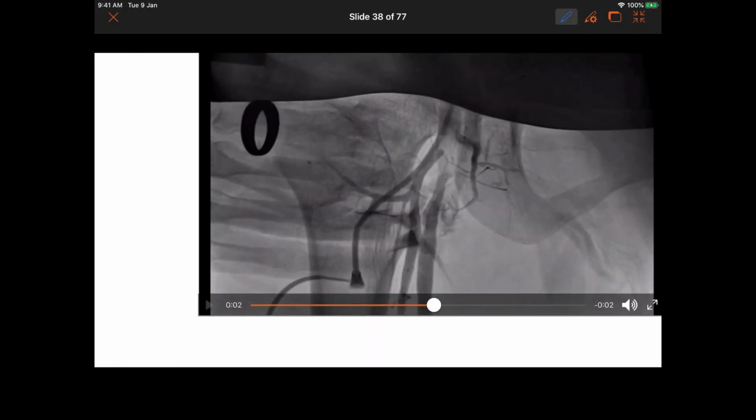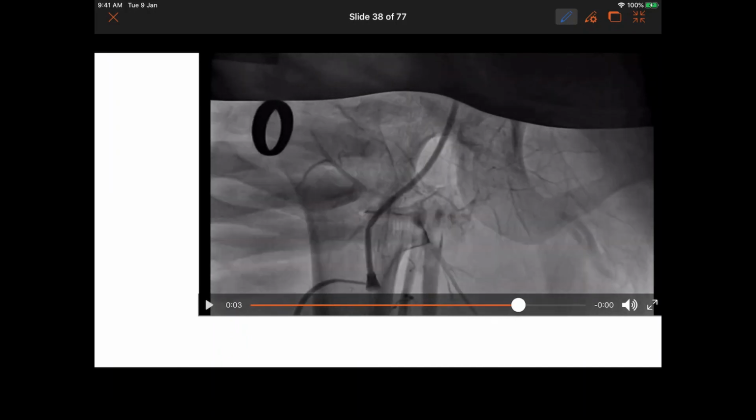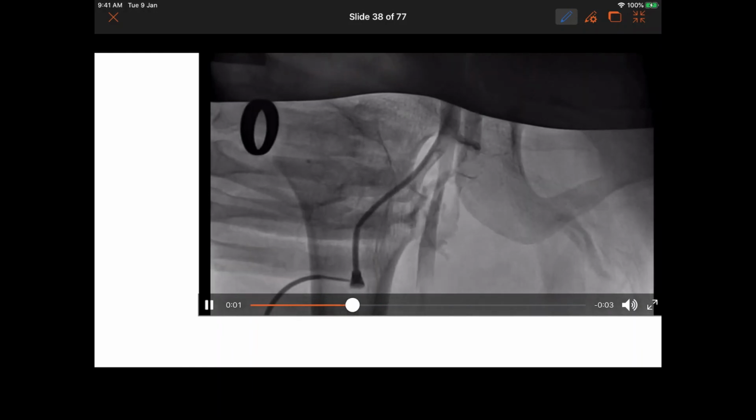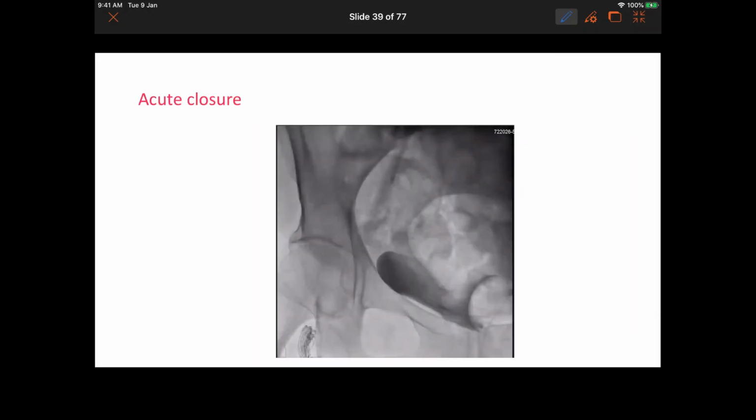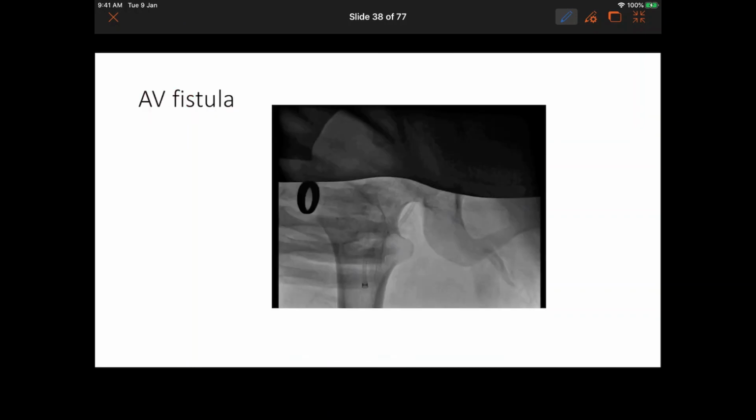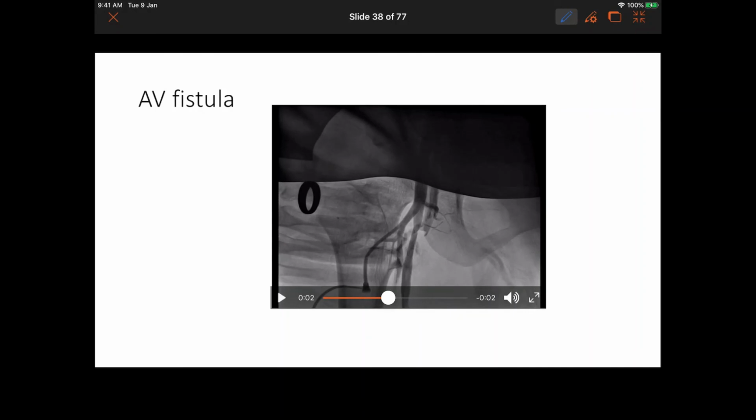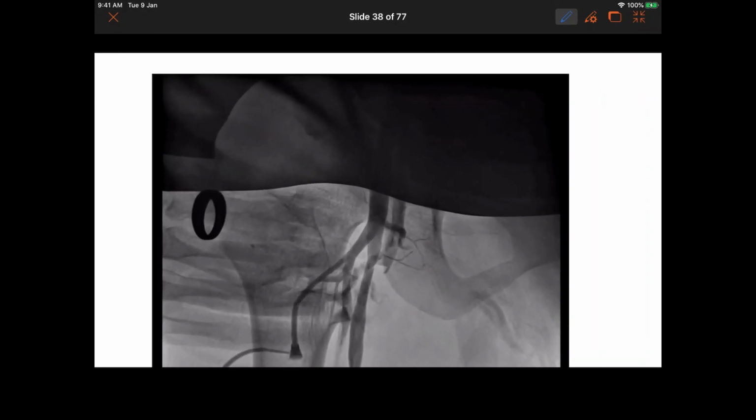So this was a case where a BMV was done.